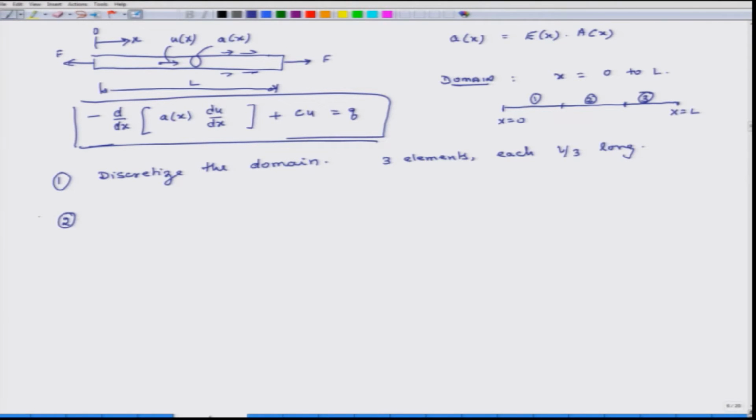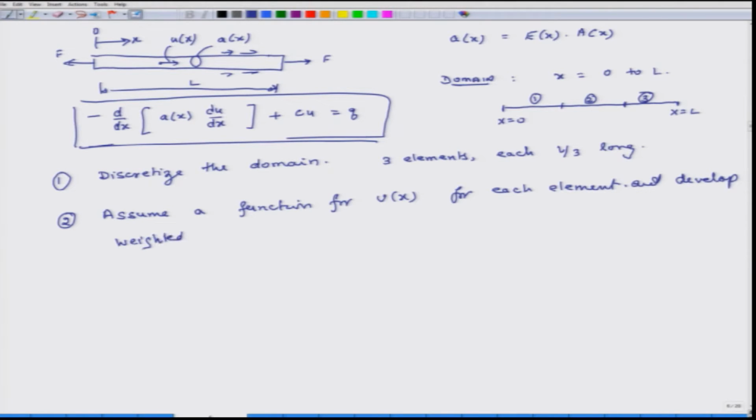The next step is that we assume a function for u(x) for each element and then develop a weighted residual statement for each element.